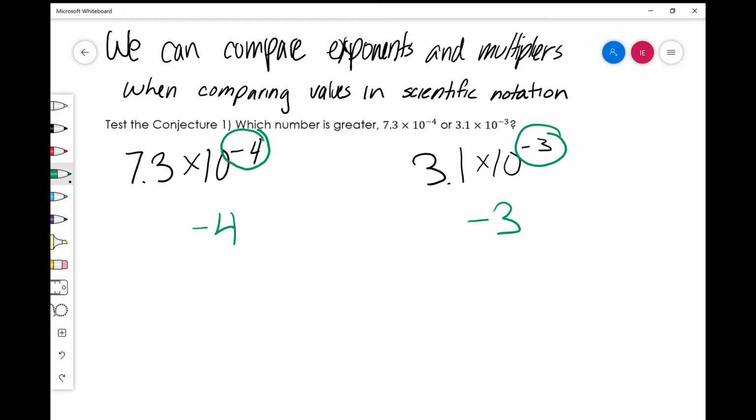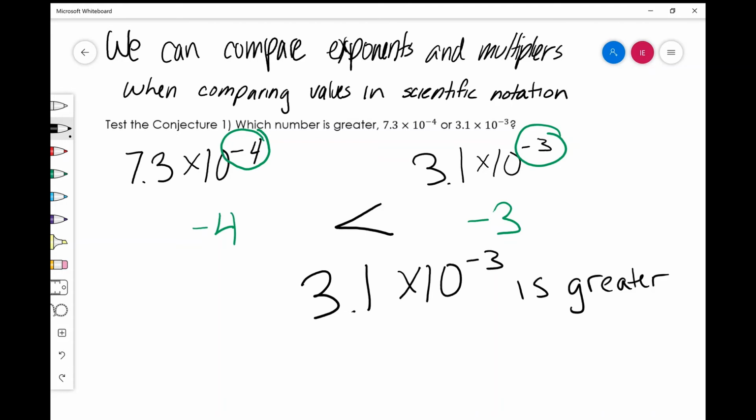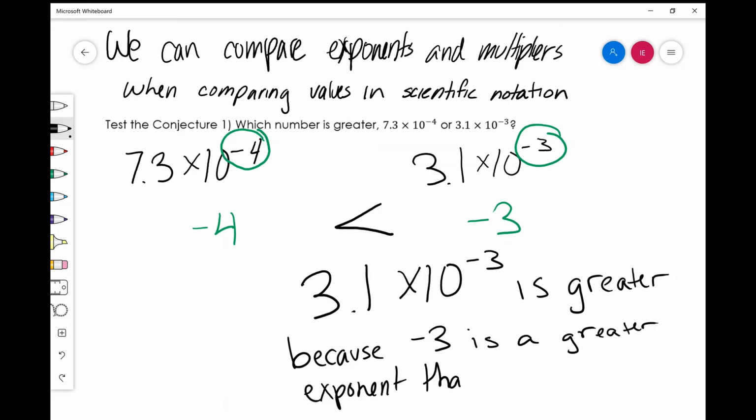When we look at our integer rules, I know that -4 is less than -3. So if I'm taking something to the -4th power, I know that's going to be smaller than something to the -3rd power, which means 3.1 times 10 to the -3 is greater because -3 is a greater exponent than -4.